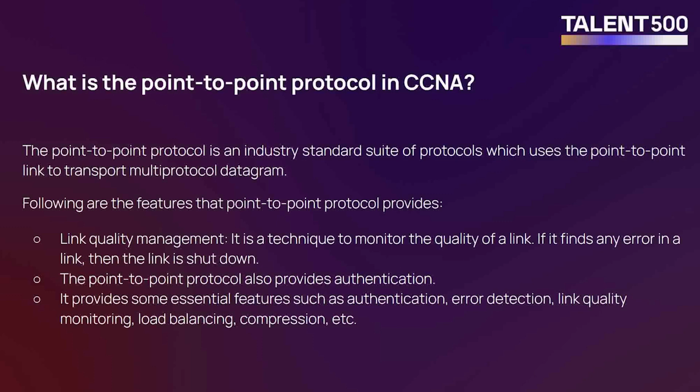Basically, point-to-point protocol is a data link layer communication protocol between two routers directly without any host or any other network in between. So this is known as point-to-point protocol.